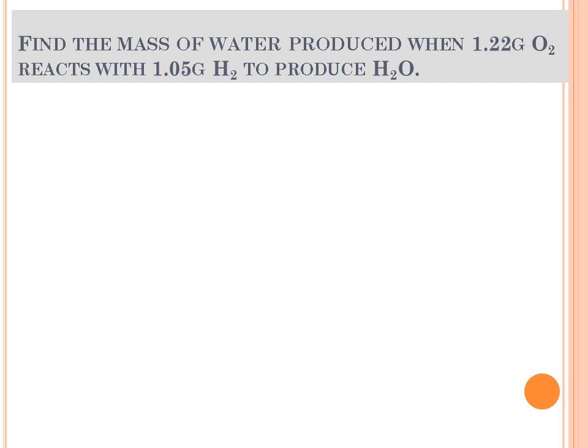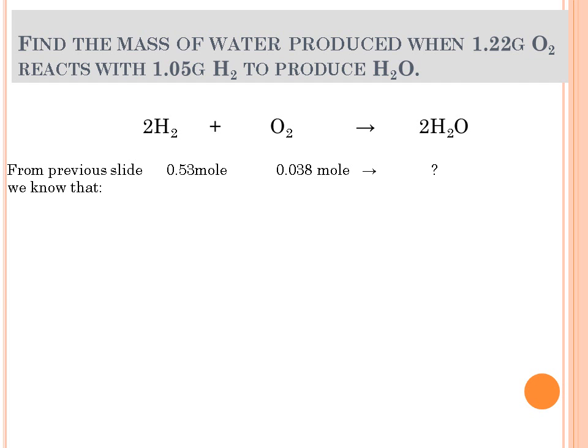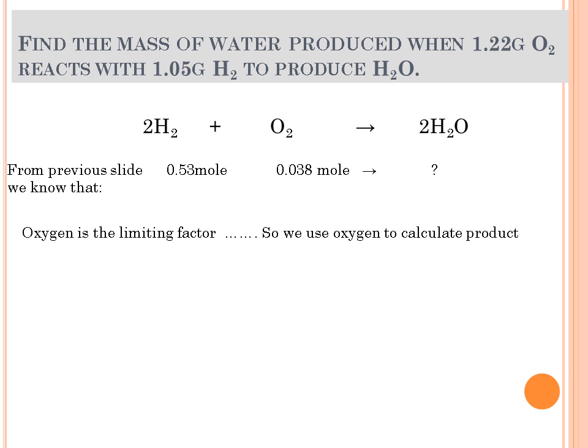To see how this works, let's start with the example we used before with the hydrogen combining with oxygen. We've already calculated that we had 0.53 moles of hydrogen and 0.038 moles of oxygen. By checking our mole ratio, we know that oxygen is our limiting factor, so we must use our oxygen to work out how much water we're actually going to produce.